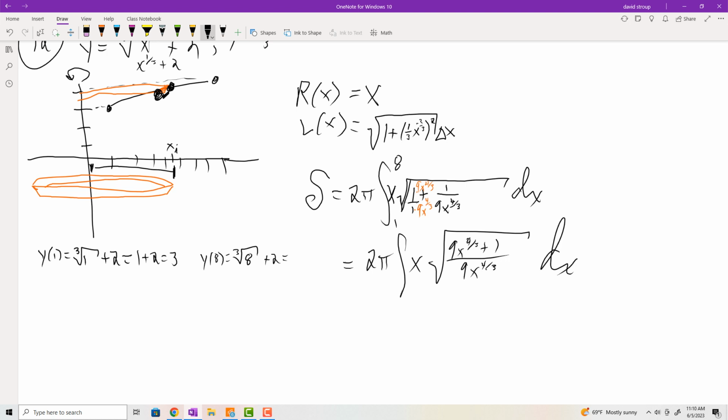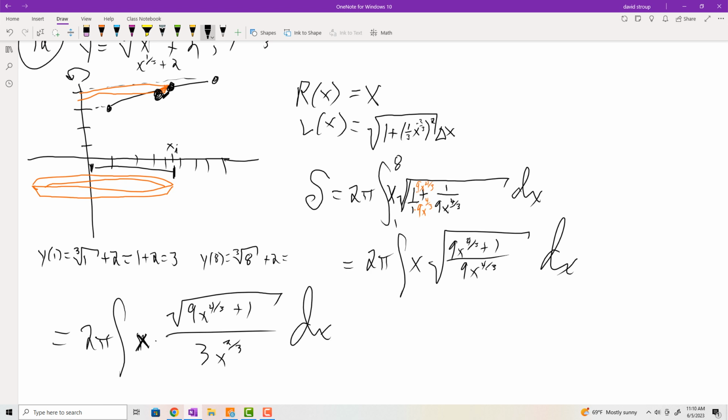And then split up the radical into the quotient of radicals. So I have x here on the outside, and then square root of 9x to the 4/3 plus 1 all over 3x to the 2/3 dx. I could factor out a 3. I'll get 2 pi over 3 integral. And then x over x to the 2/3 is x to the 1/3.